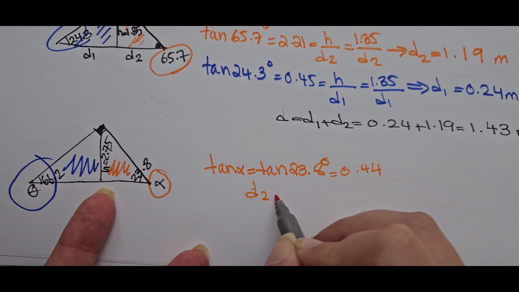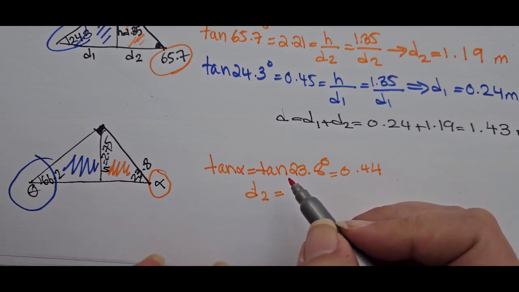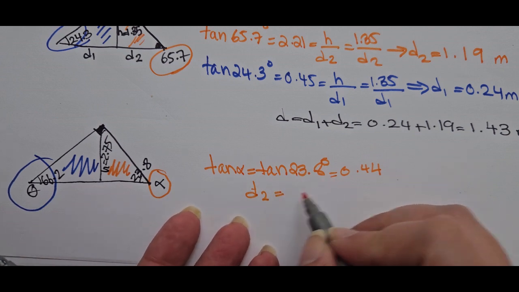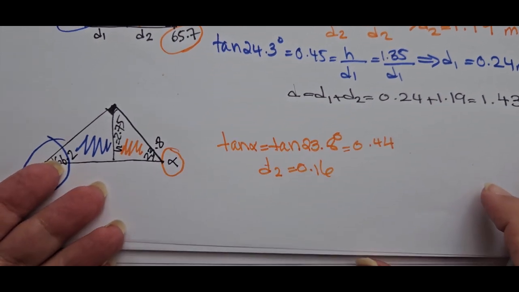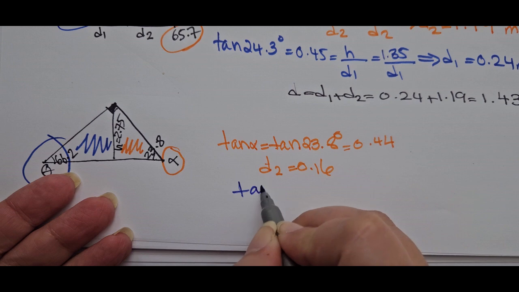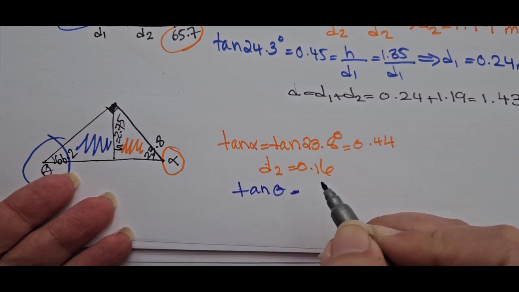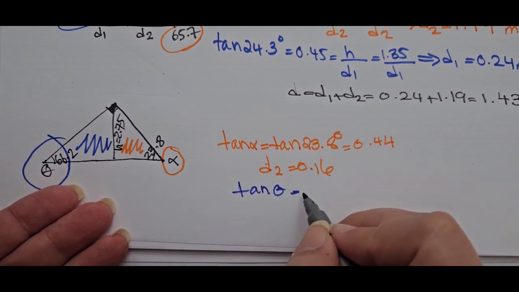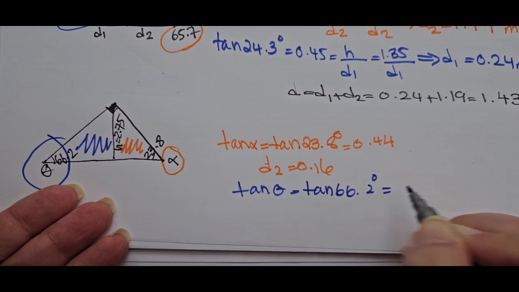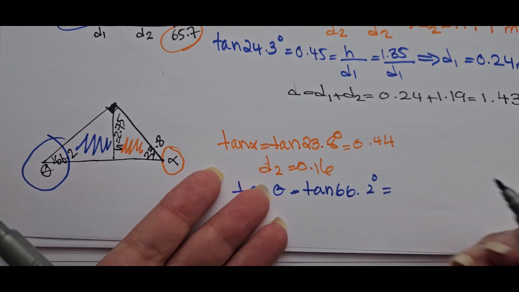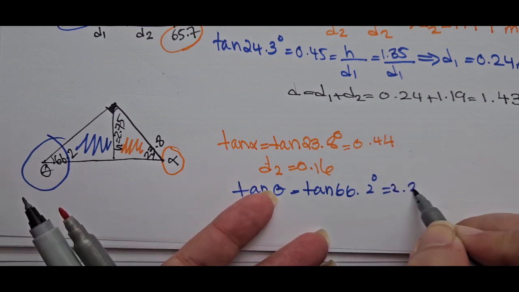So from here, D2 would be 0.16. And from the other blue triangle, you have tangent of theta, which is tangent of 66.2 degree, which would be 2.26.